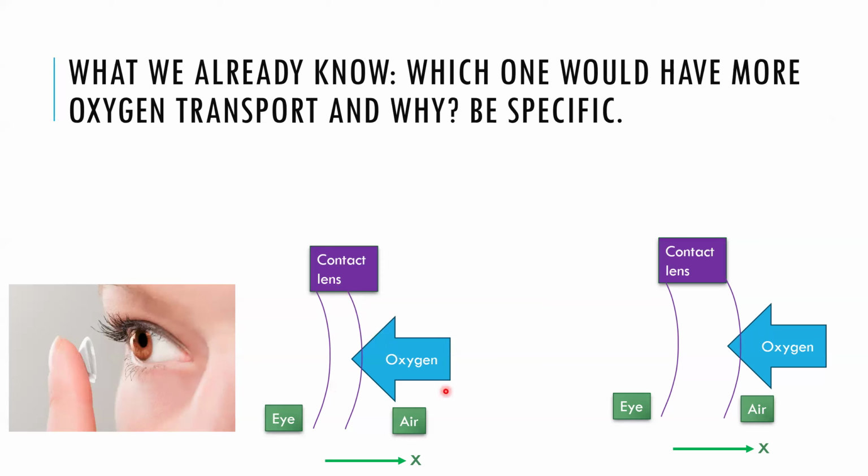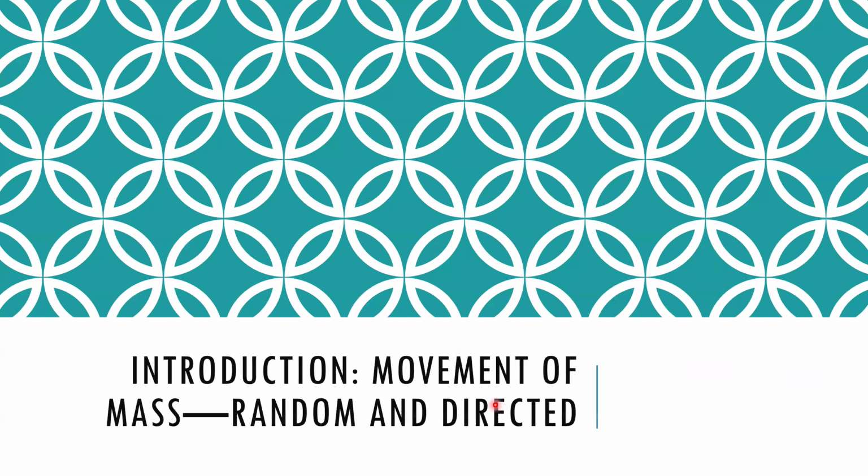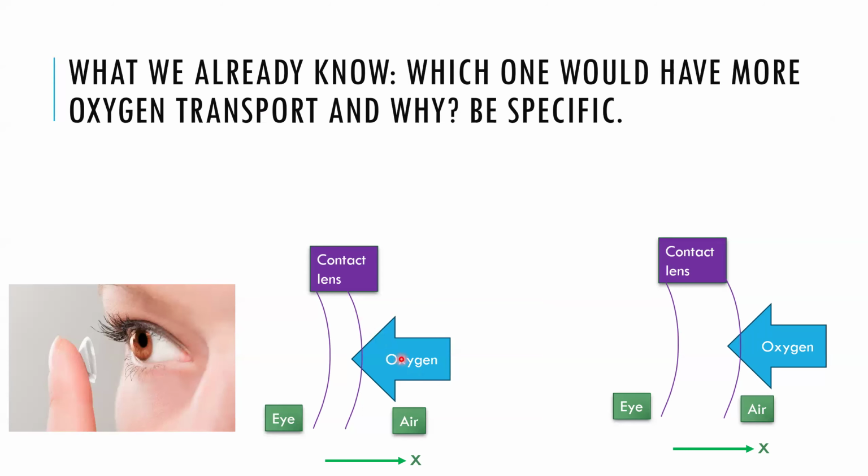Outside there's more oxygen, inside there's less, and oxygen transports this way. I want you to contrast these two situations that are otherwise identical, but the contact lens here is thicker. So which one would have more oxygen transport and why?